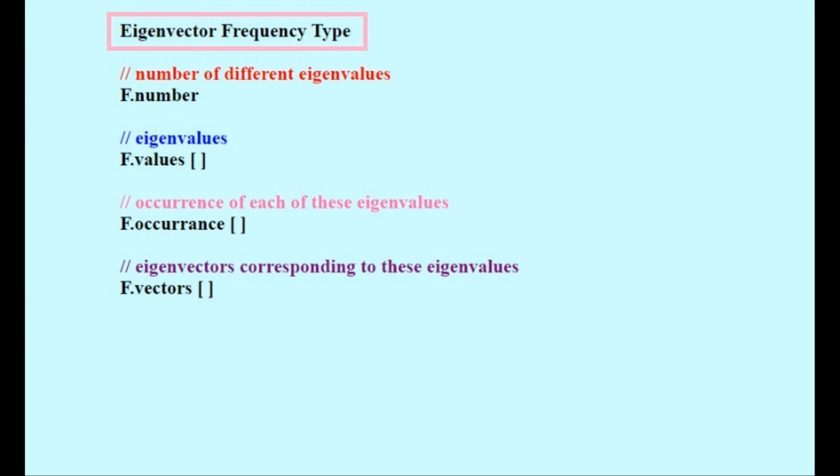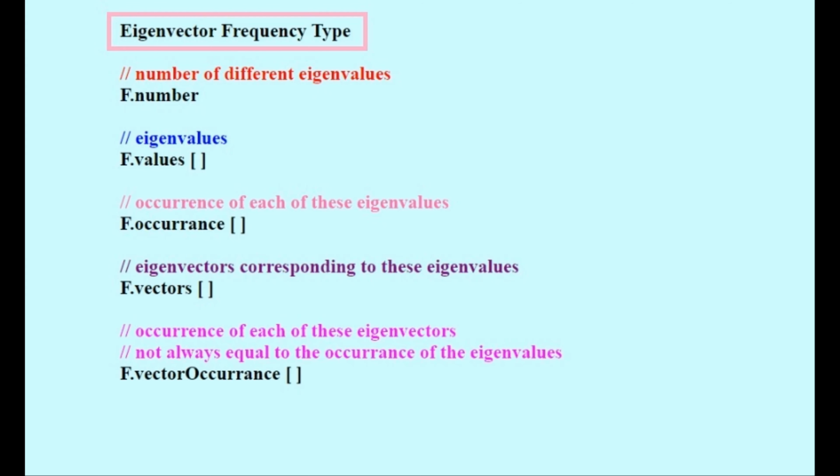The vectors attribute contains the eigenvectors that correspond to these eigenvalues. They may be stored as an independent variable pointing to a column in a matrix. And the occurrence of these eigenvectors is listed here.